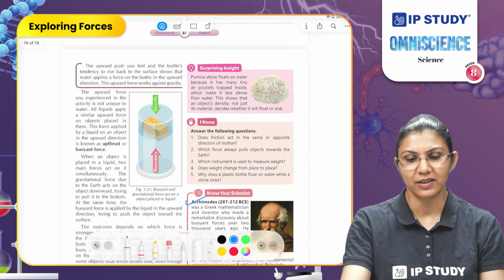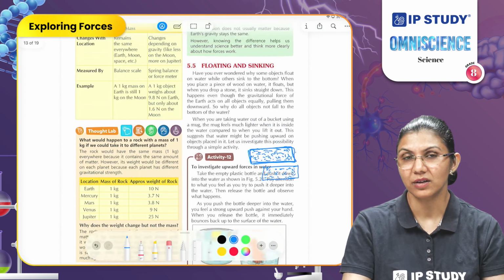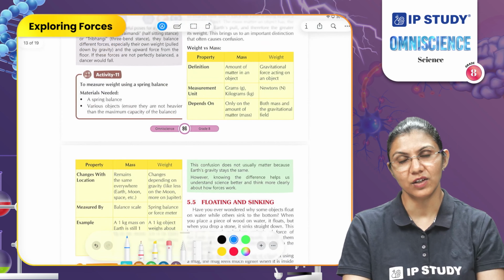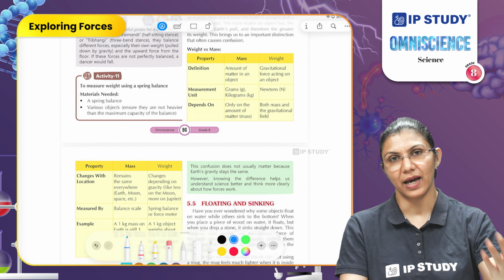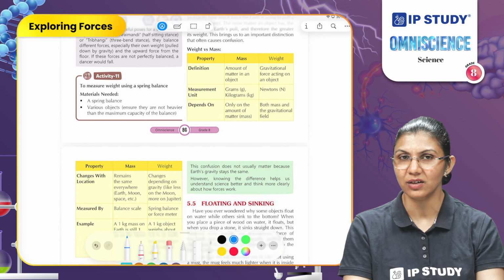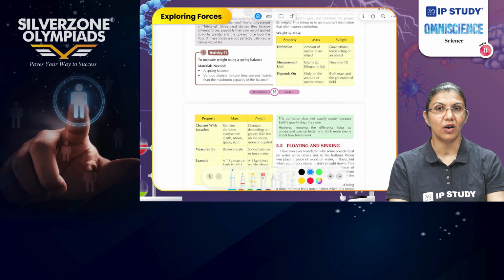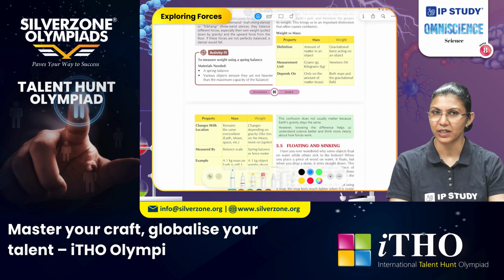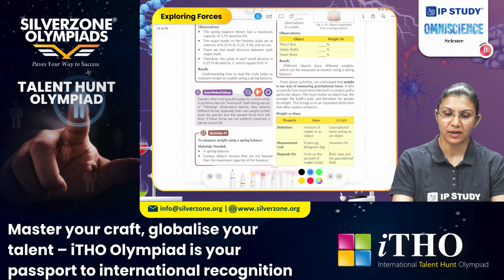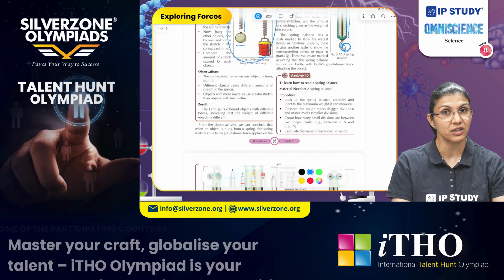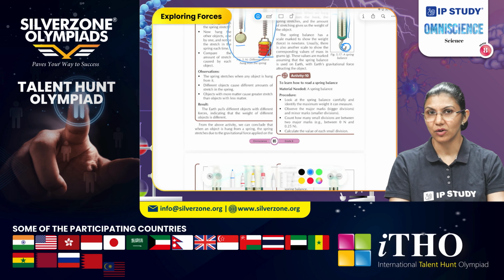So in this chapter, we discussed the force, the interaction of the force, and what the conditions are for a force to come into action, like there should be some interaction of field and object, or object to object directly. We also discussed the effects of forces, what kind of changes a force can cause.